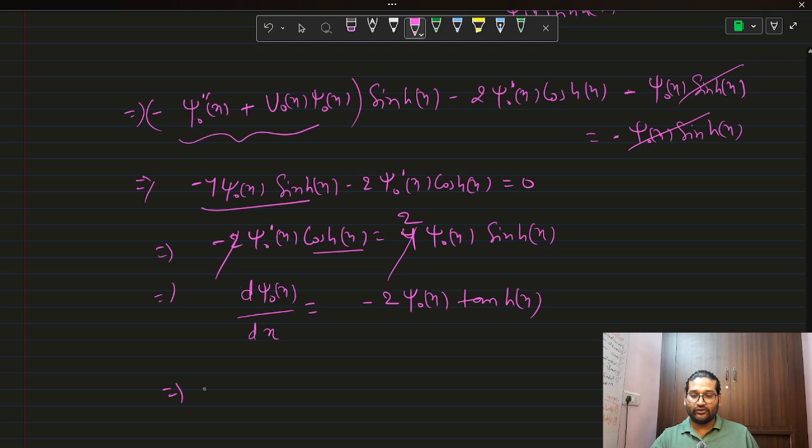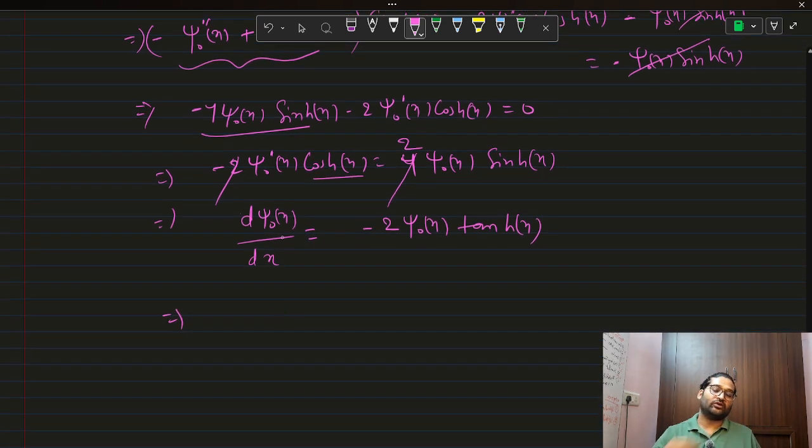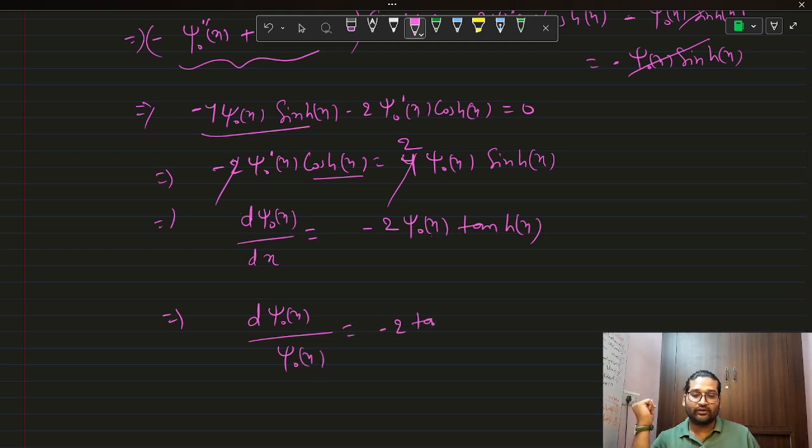Okay, so to solve for psi naught x, we will integrate d psi naught x. So just write d psi naught x by psi naught x is equal to minus 2 tan hyperbolic x dx, integrate both sides.